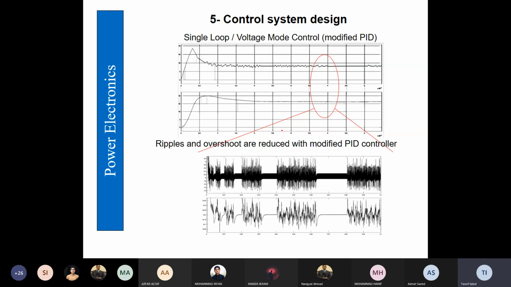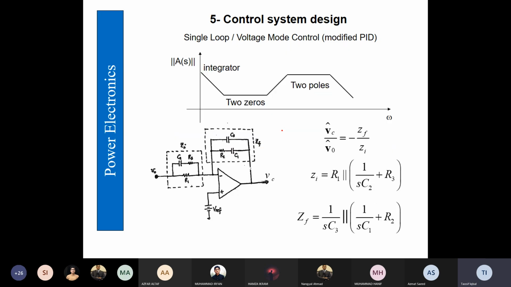So now how to implement that PID control in Proteus. So basically what we have done in the control system, we have applied one integrator, 2 zeros and 2 poles.